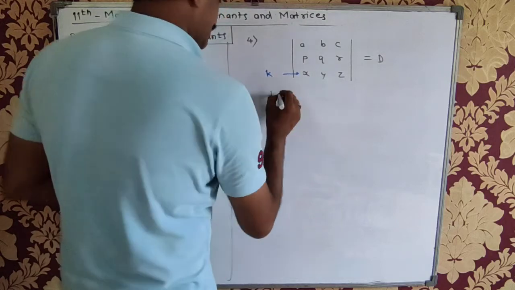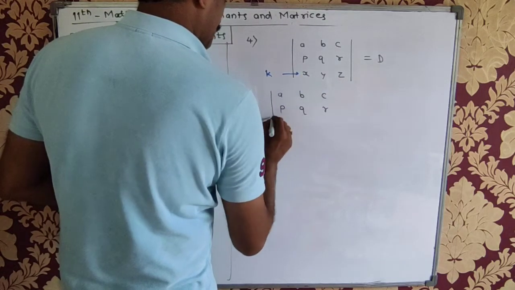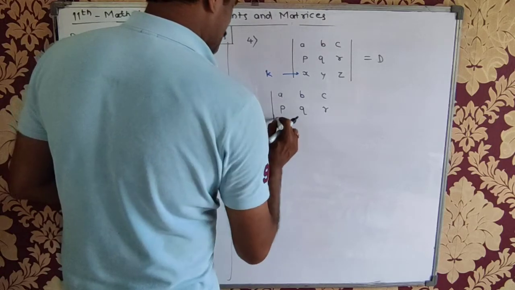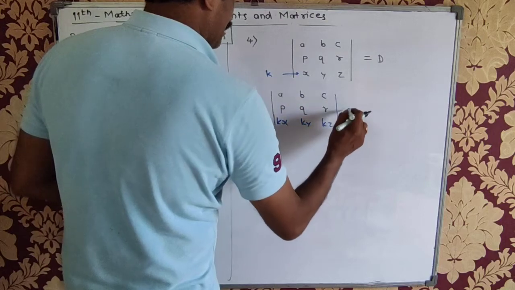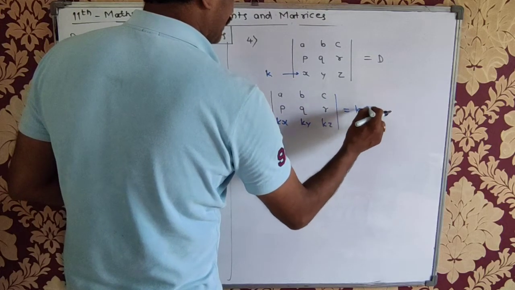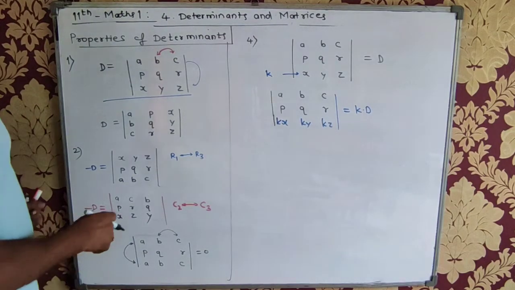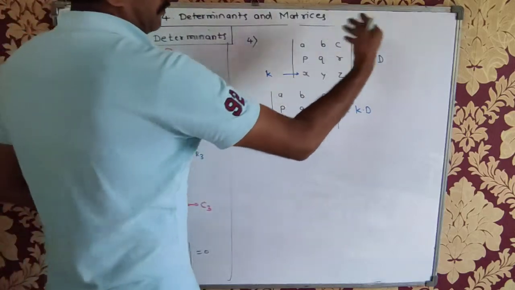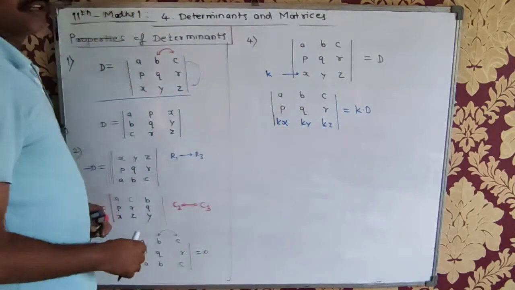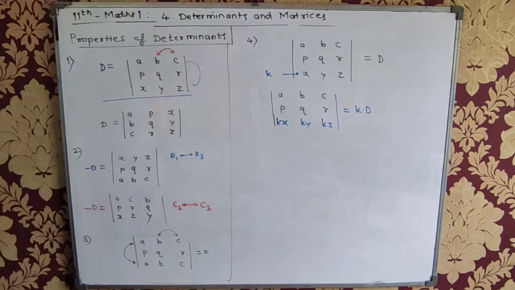Say this will become A, B, C, P, Q, R, and KX, KY, KZ. The value of the determinant will be K times D. If any row or any column is multiplied by a constant, the value of determinant becomes that constant times the original value. Is this okay? Alright?